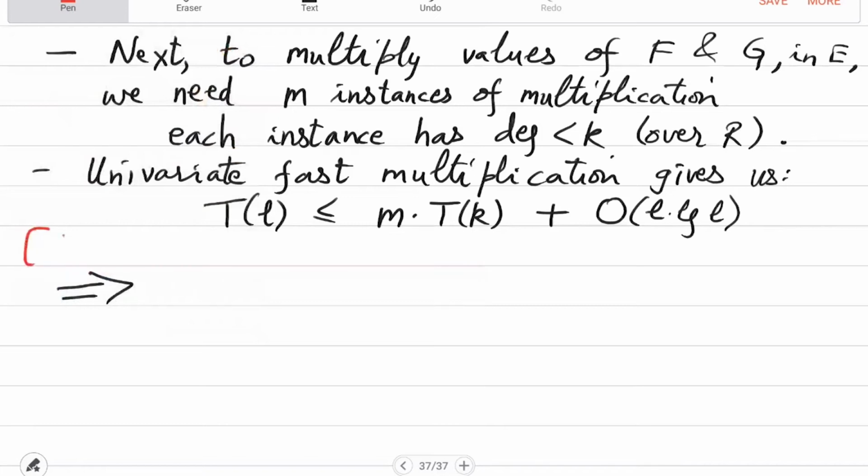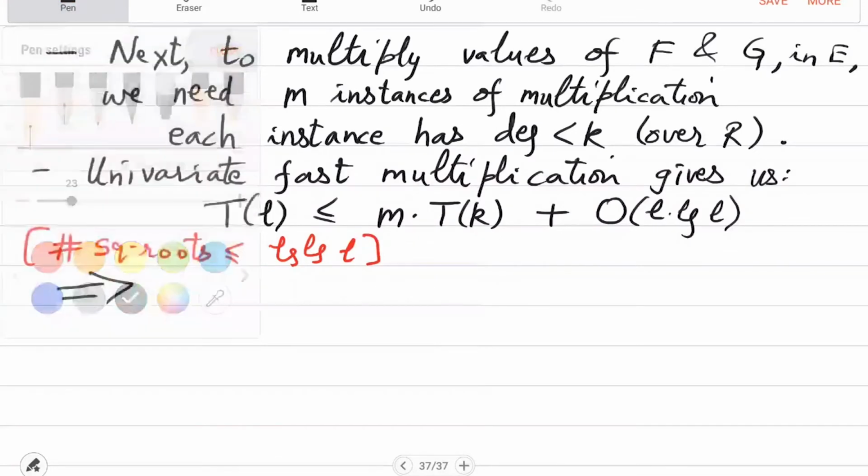The number of square roots possible is bounded by this: L is 2 raised to log L, and every time you are halving log L, so that is log log L. This is a good example of a simple problem where you get a log log L function.